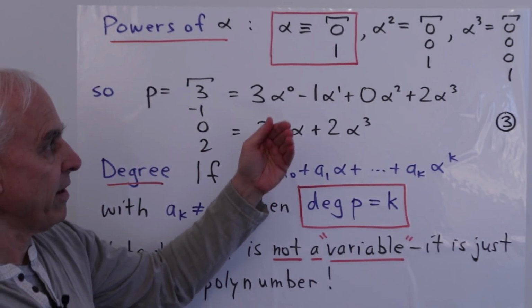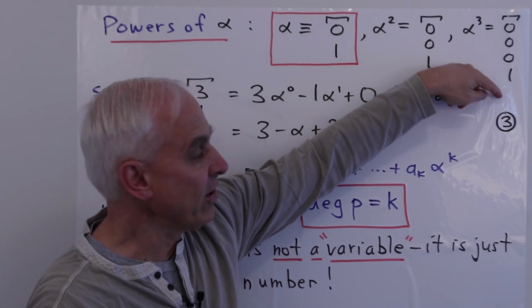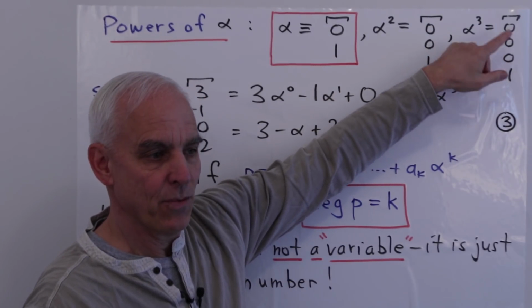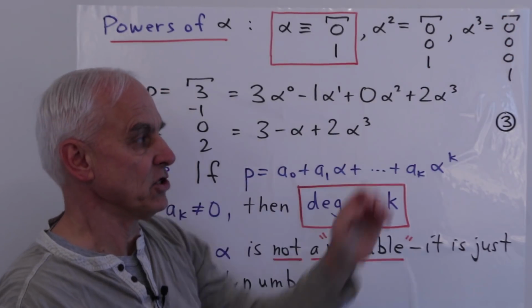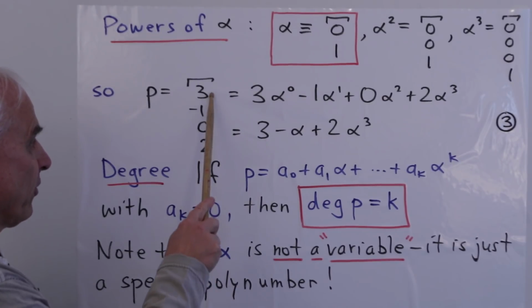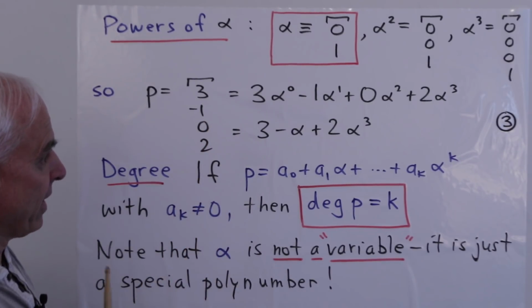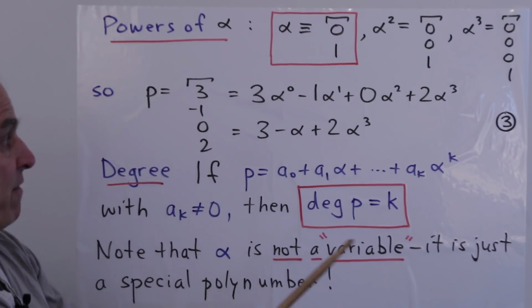In general, the element alpha to the k will be the polynumber that has a single 1 in the kth position, where, as always, we start with the 0th position, and then the 1st position, and so on. So, for example, this polynumber here, p equals 3, minus 1, 0, 2, can now be written as a sum of powers of alpha.